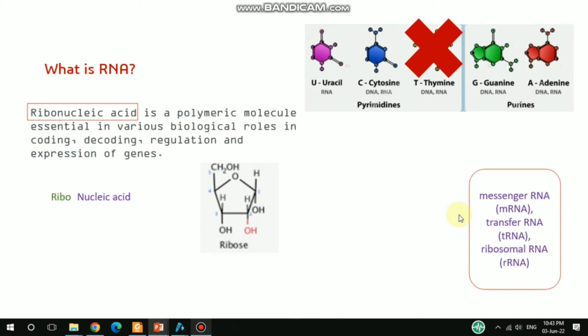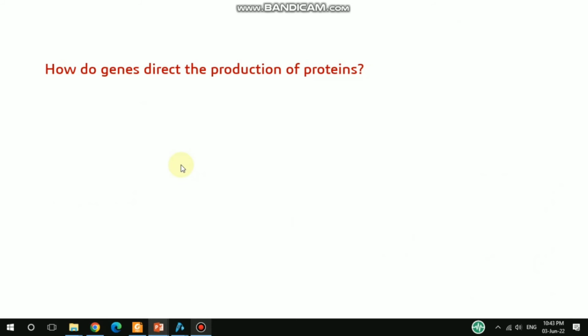Let's have a look at the types of RNA: messenger RNA, transfer RNA, and ribosomal RNA. How do genes direct the production of proteins? There are two different pathways: transcription and translation.